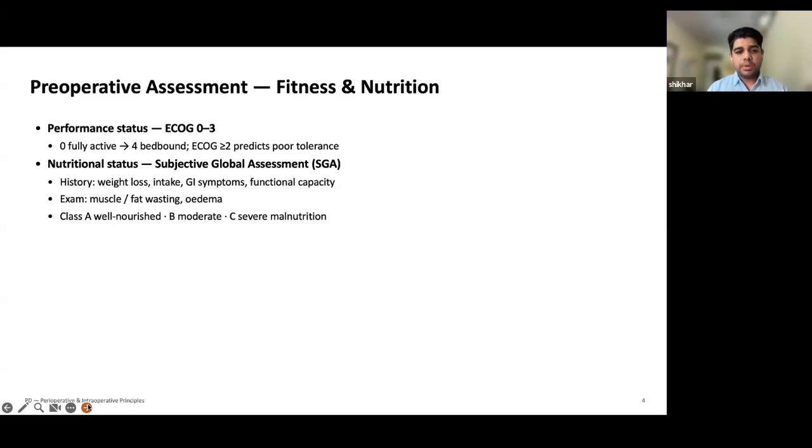All these form the subjective global assessment, and based on that we categorize patients into class A, B, and C.